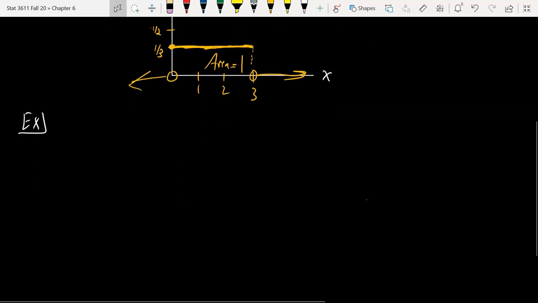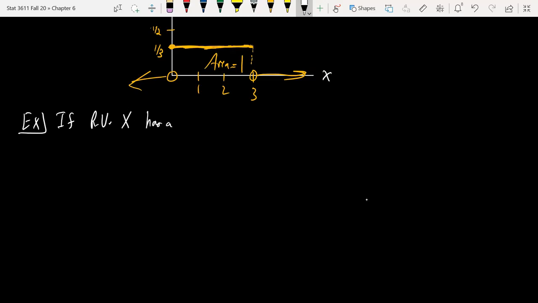Let's dive into an example working with this. Let's say that the random variable x has a uniform distribution on the interval from 0 to 4.